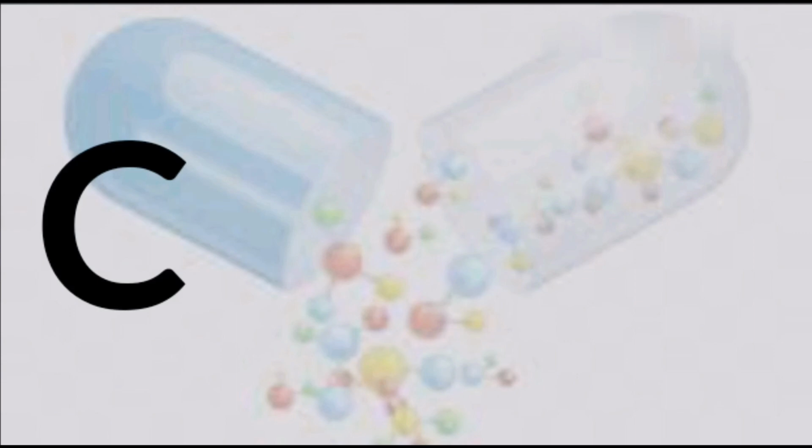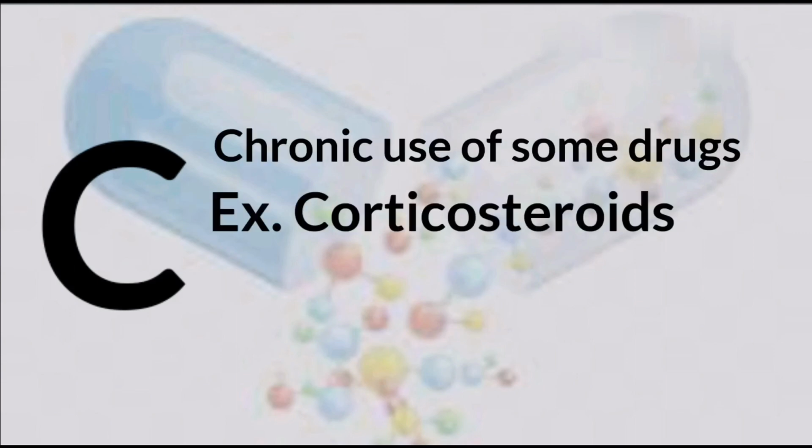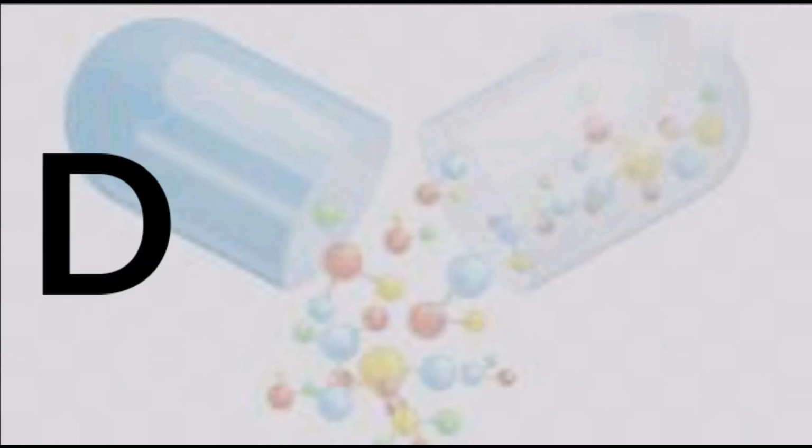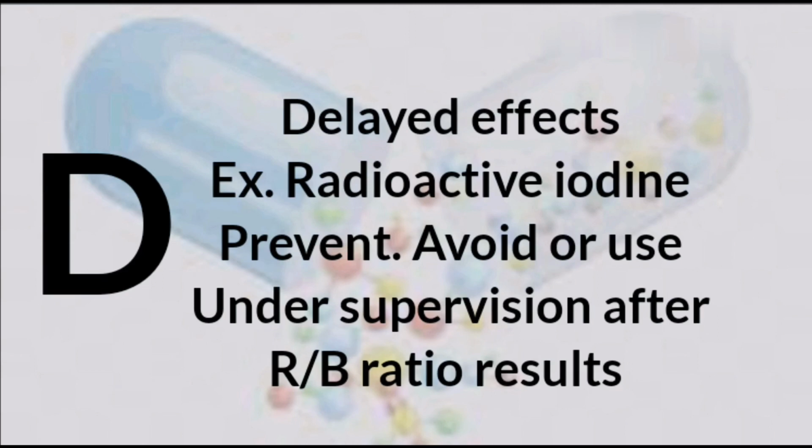Type C adverse effects refers to chronic continuous use and prevented by following limited time of drug use and following doctor's instructions. Type D is delayed reactions prevented under medical supervision to detect the best time of use and the risk-benefit ratio.